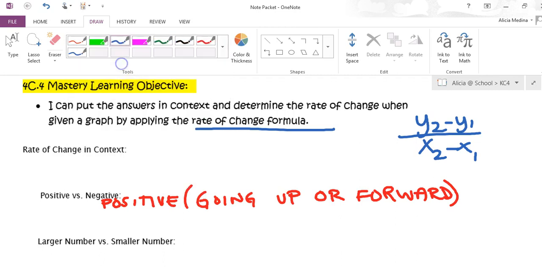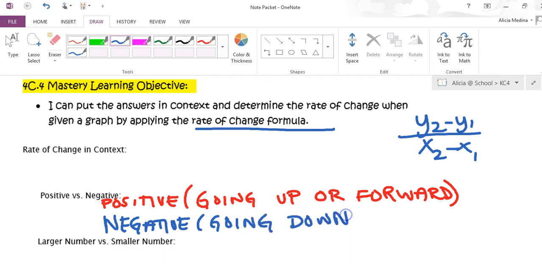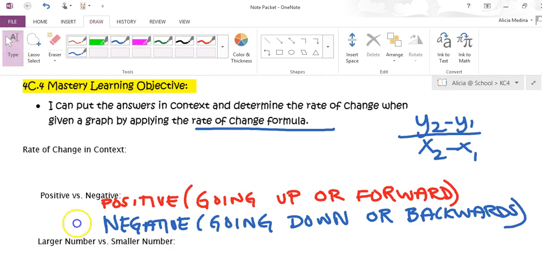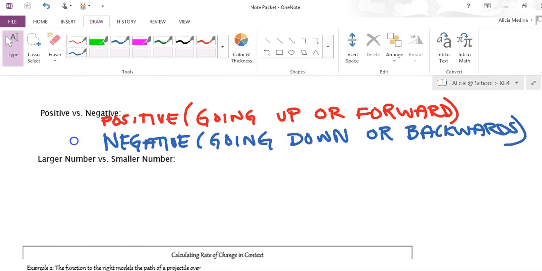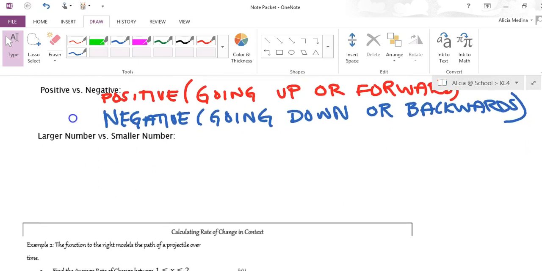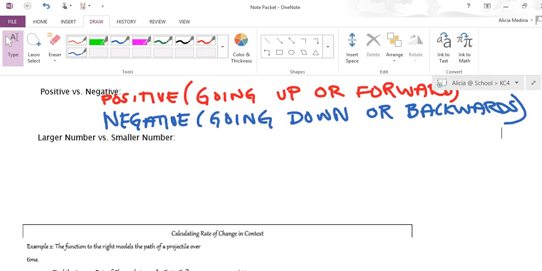When it's negative, this is wherever our graph is going down, or you can think backwards. So if we get a positive value, that's going to tell us that our graph is going up or going forward. If we get a negative value, that's going to tell us that it's going down or going backwards.